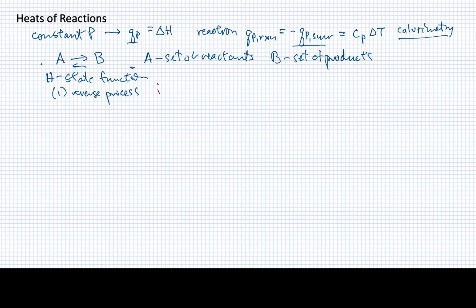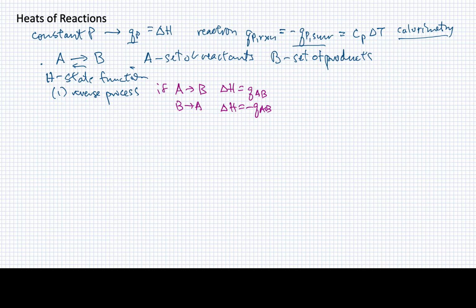So if I have A going to B, and this involves an enthalpy change that I can write, for example, as the amount of heat at constant pressure for AB, simple notation, then what I would claim is if I look at the reverse process, B going to A, the enthalpy change will simply be the negative of this heat change. Straightforward enough.